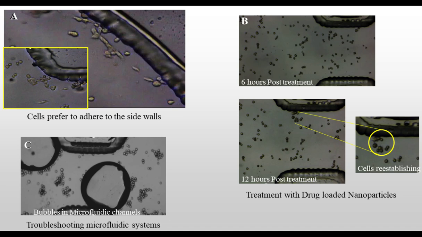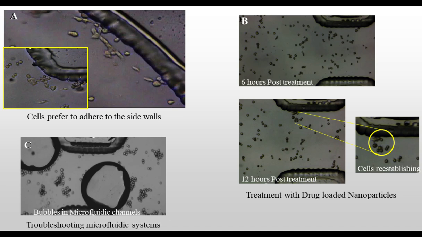This is probably due to low pressure at the side walls as compared to the central region, and also due to high surface roughness at the edges, which provide better contact points for the cell. Another recent investigation which we are working on is testing of different drug-loaded nanoparticles on cancer cells.